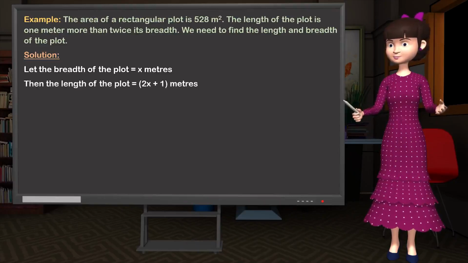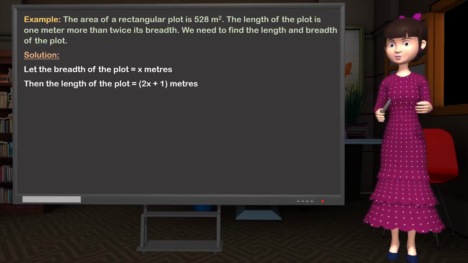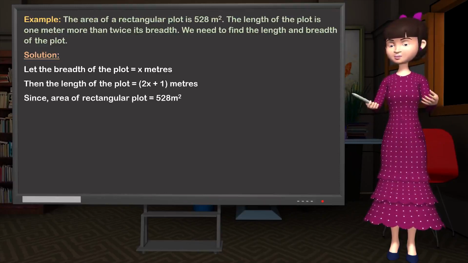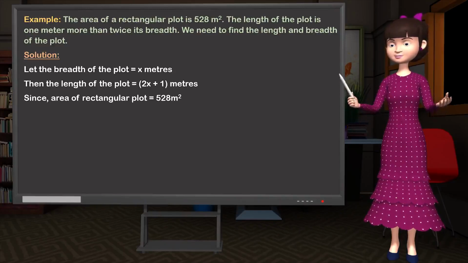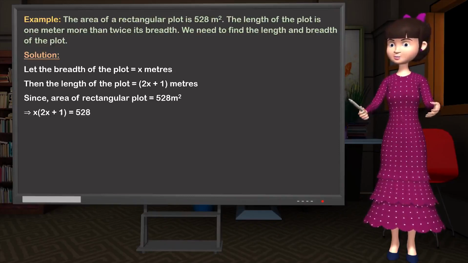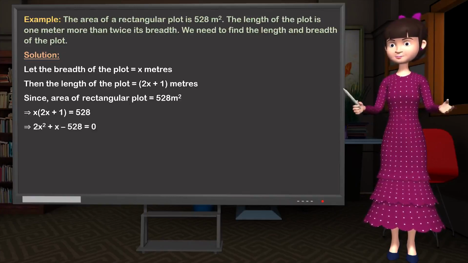Then the length of the plot is 2x + 1 meters. Since the area of the rectangular plot is 528 meters squared, x(2x + 1) = 528, that implies 2x² + x − 528 = 0.